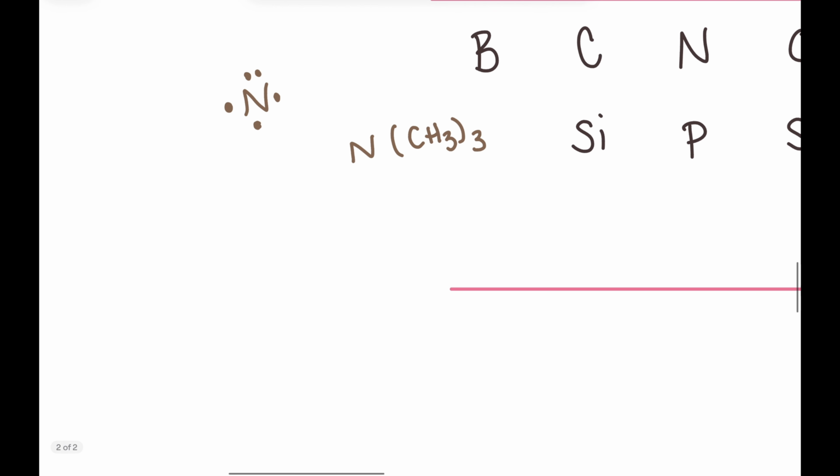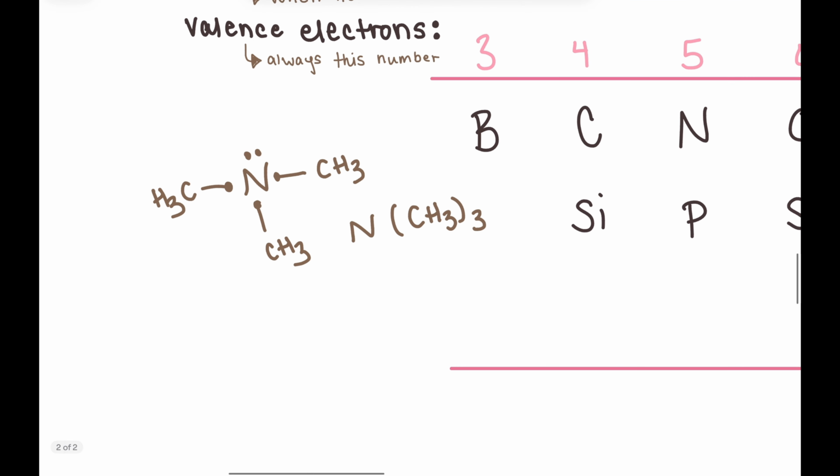We would first give nitrogen 3 bonds to the CH3 groups. Then notice nitrogen is overall neutral in the formula given.